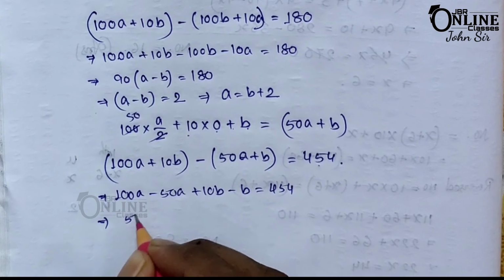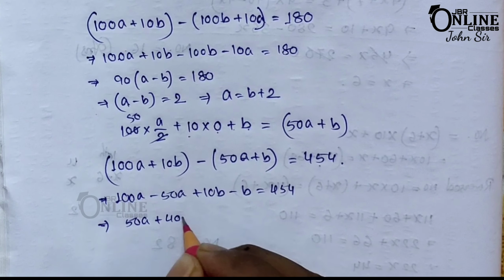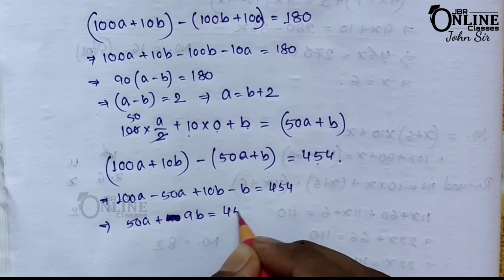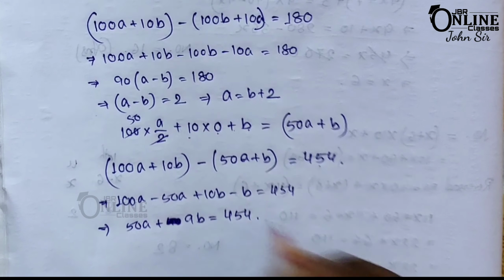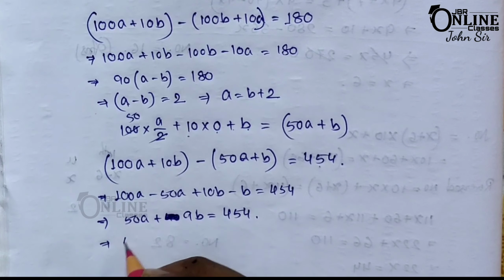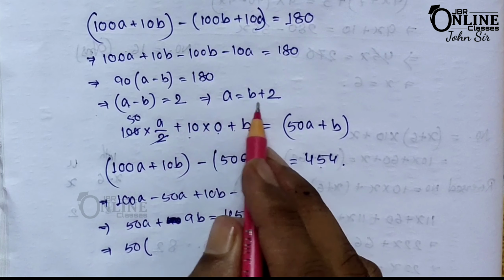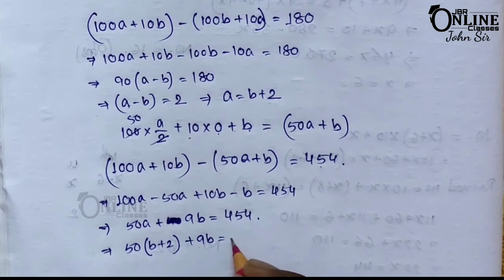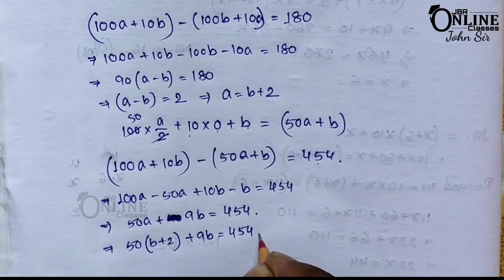So it will be 50A plus 9B, that equal to 454. Now instead of A, here A equal to B plus 2, so write down 50 into B plus 2 plus 9B, that equal to 454.